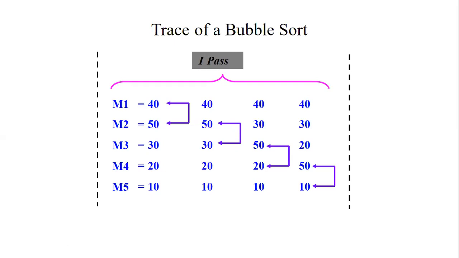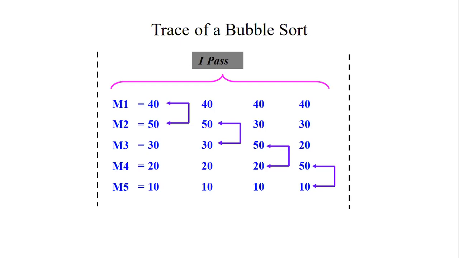At the starting, the data present at the first location and the data present at the second location are compared. If the first data is greater than the second data, then the data is going to be exchanged.